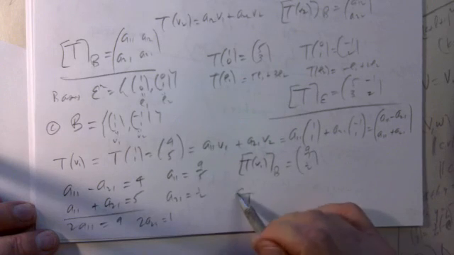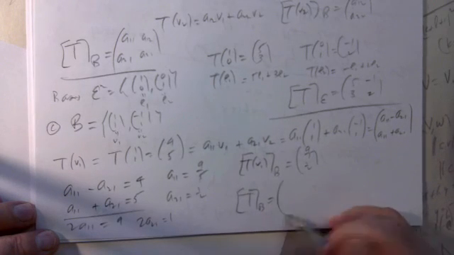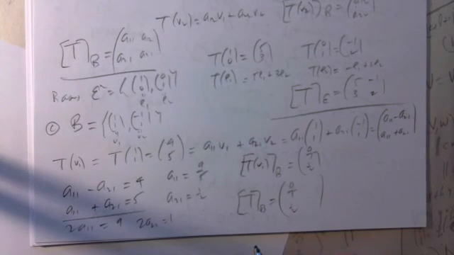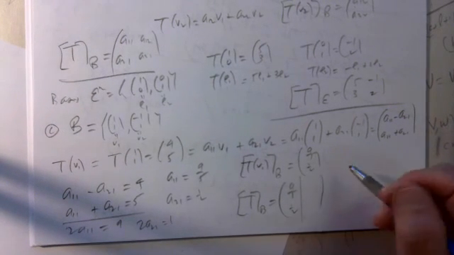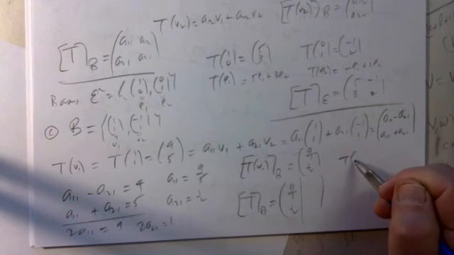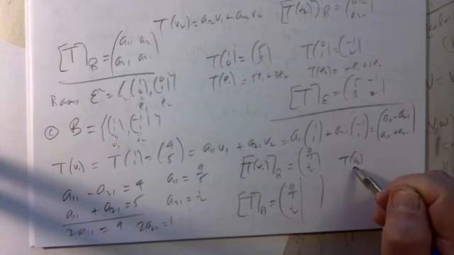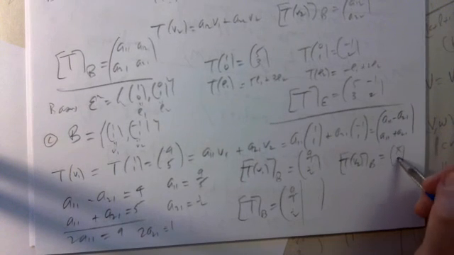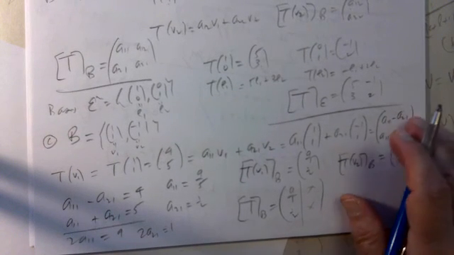And in the matrix for T with respect to B, this is going to be the first column. And you calculate the second column by figuring out the coordinate vector of T of V2 with respect to B. And whatever numbers those are goes here.